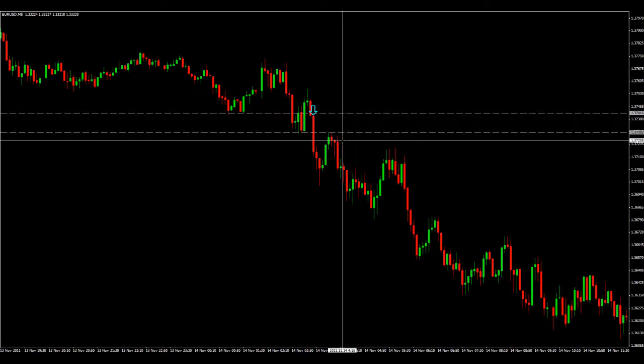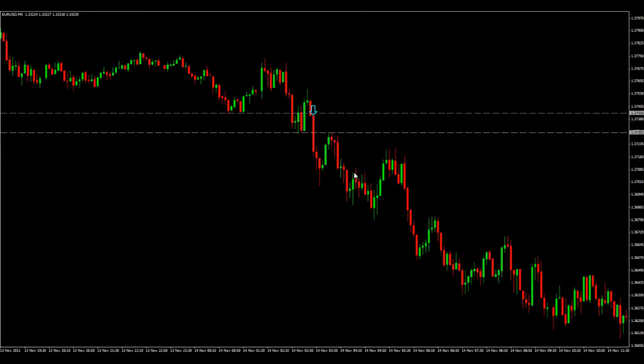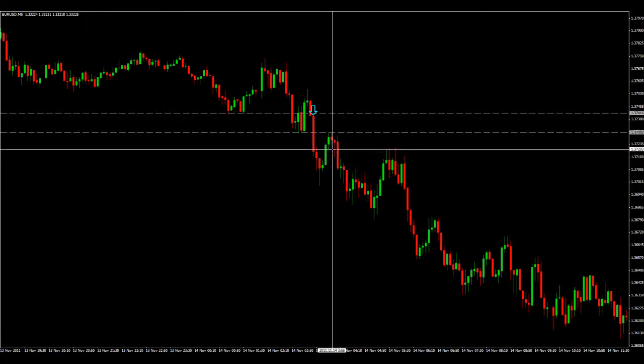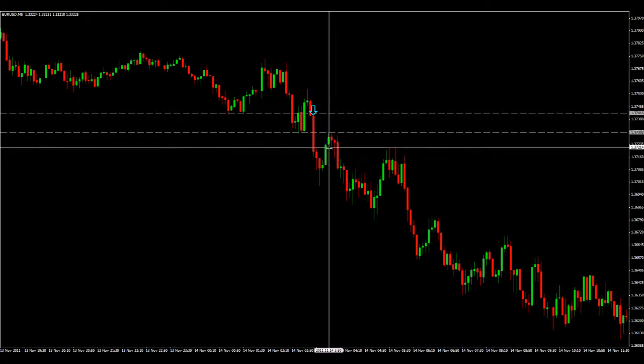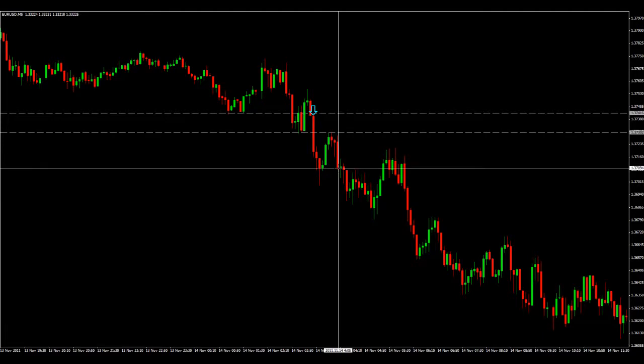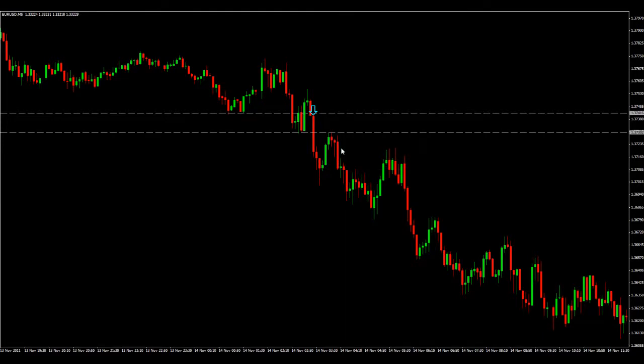Where I would be taking this particular trade is actually down here, because what I'm waiting for, as you've seen in my EUR/USD strategy video on the 1-minute bars, is a close under this particular green bar right here. As soon as that one closes, I'm going to be ready to do a put.